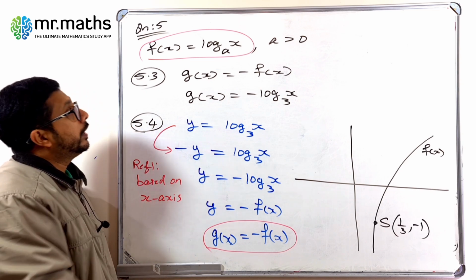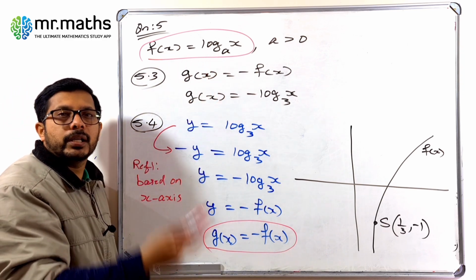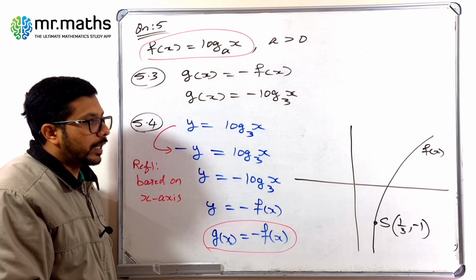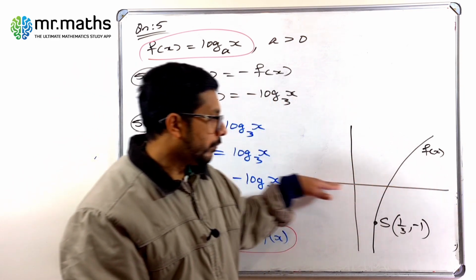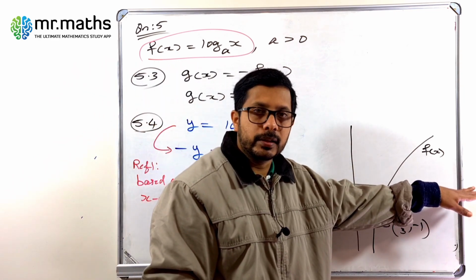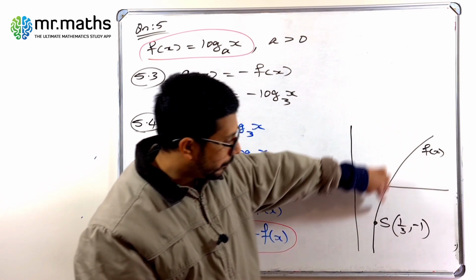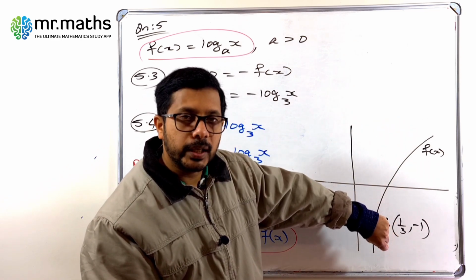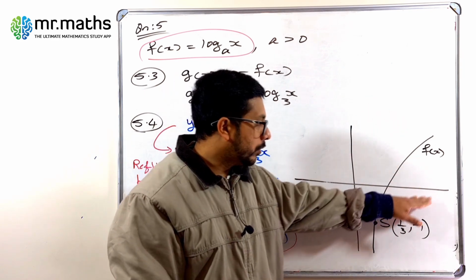So this original graph f of x is reflected based on the x axis. Look at this one. This is the x axis. Am I right? This graph f of x is reflected based on the x axis, which means it is rotating like this based on the x axis.